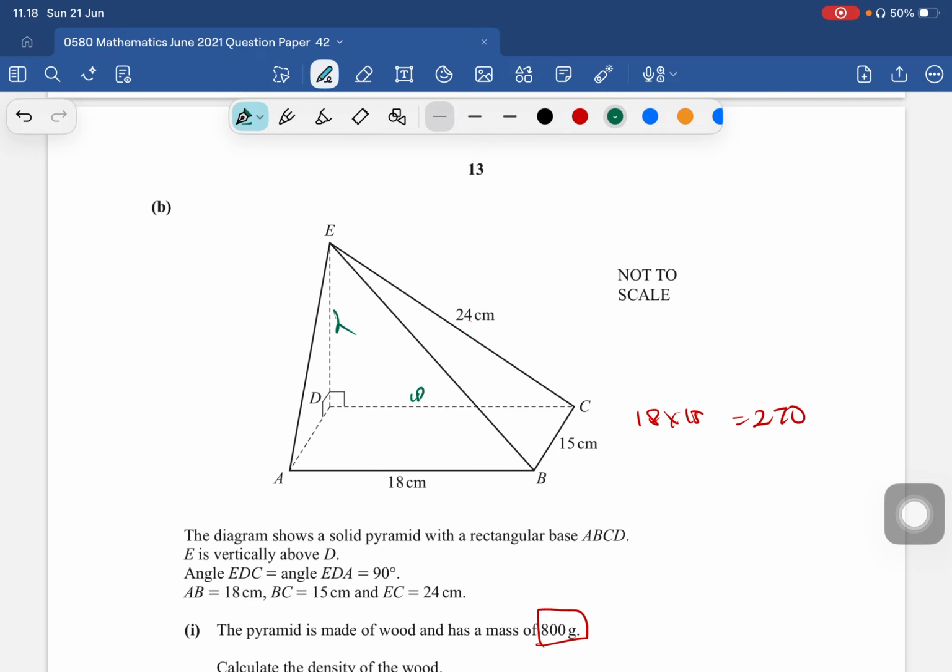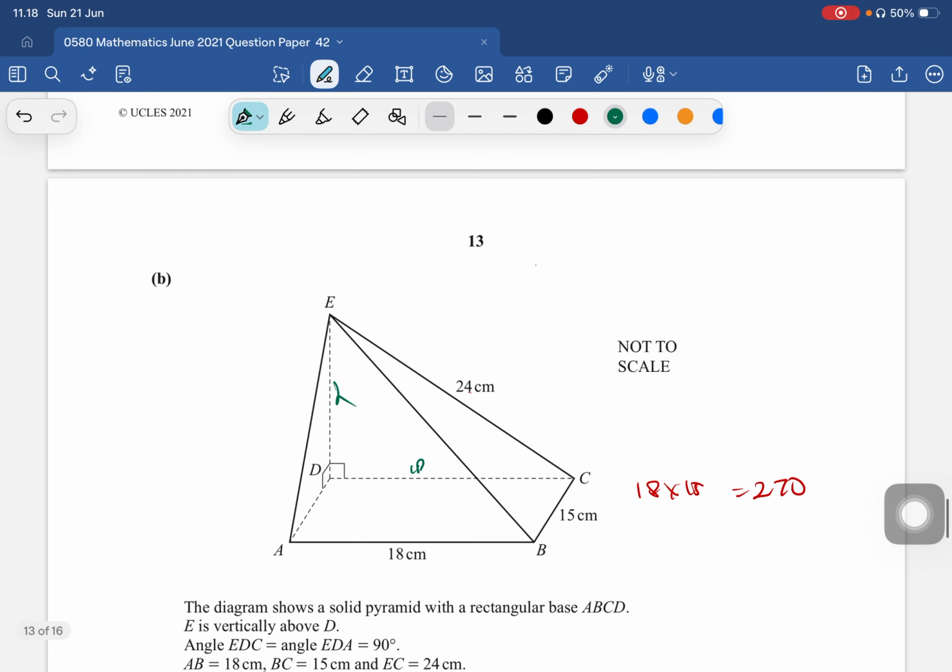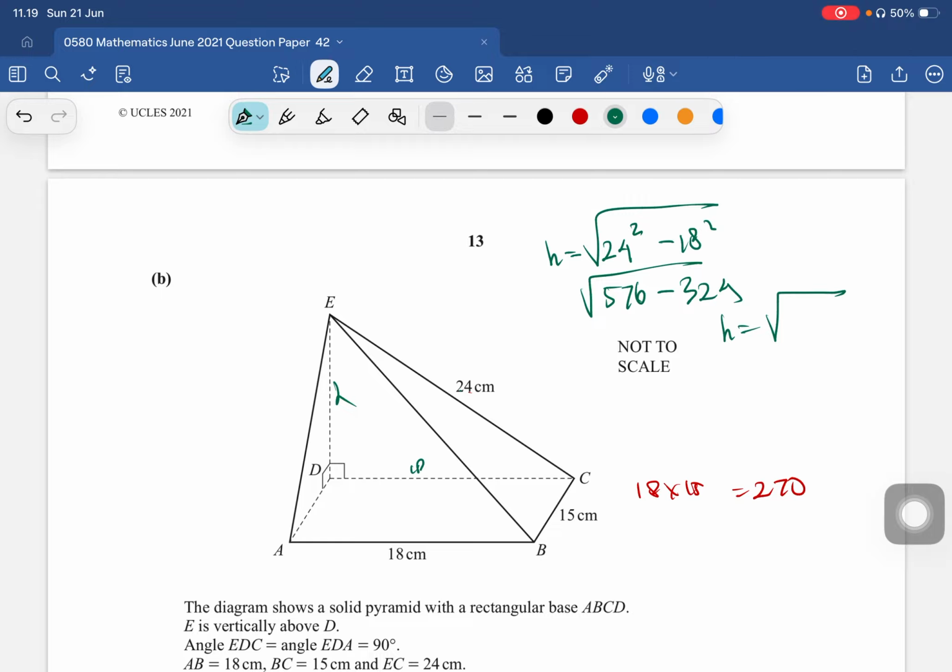We can use the Pythagoras theorem. So the height, with hypotenuse 24 squared, we subtract 18 squared. So 24 squared is 576. 18 squared is 324. So h equal to the square root of 576 minus 324.